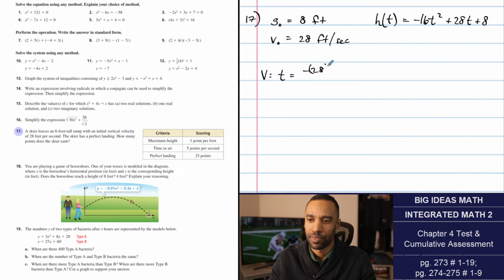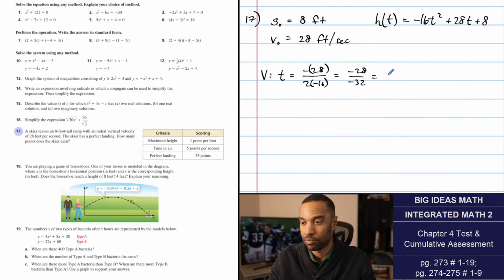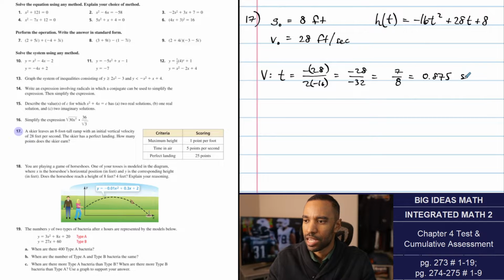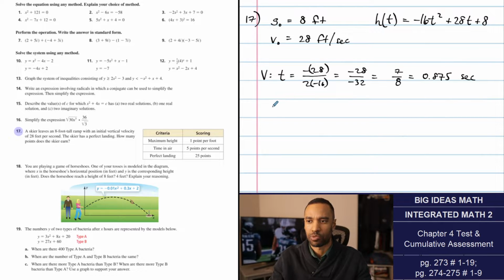Negative b over 2a is negative 28 over negative 32, which is positive 7/8. I don't need a calculator for that one. 7/8 is 0.875. It takes 0.875 seconds to get to the maximum height.